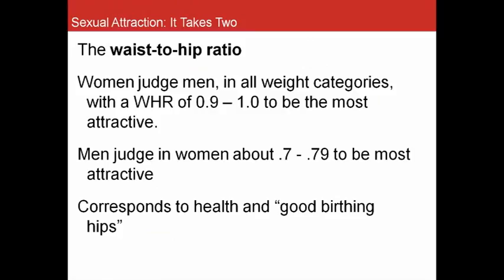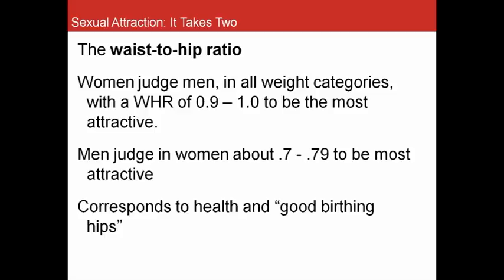As I said, though, comparatively, when we look at hip to waist ratio, that seems to be a much better predictor of attractiveness. Women typically want a man with a hip to waist ratio of about 0.9 to 1, basically a straight, lean individual.